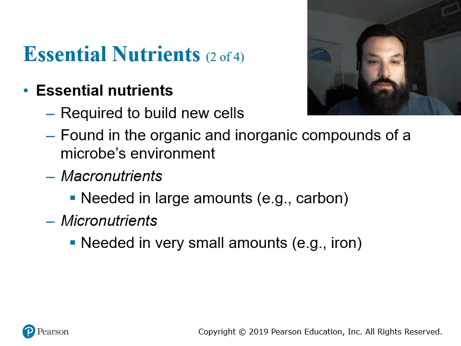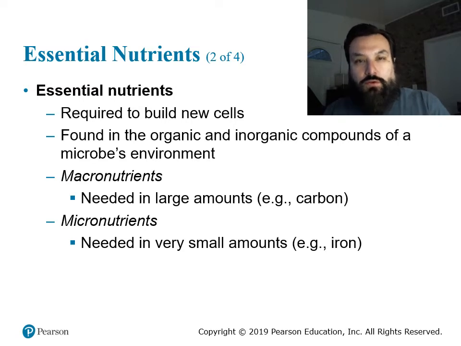Okay. So when we talk about essential nutrients, we're talking about the nutrients that are needed to build a new cell, right? The things that are absolutely needed to build cells, the parts of the cell structure, etc., right? And so some of those are organic and some of those are inorganic.